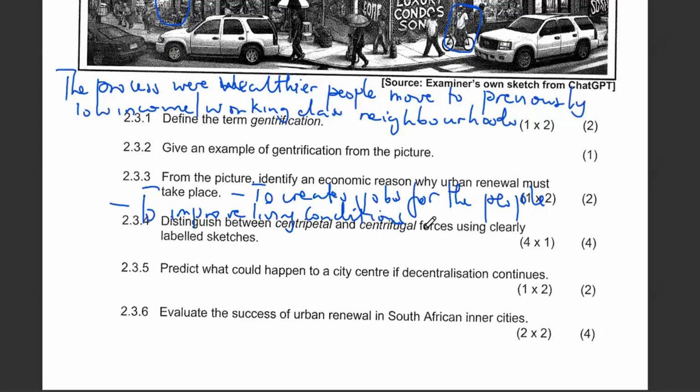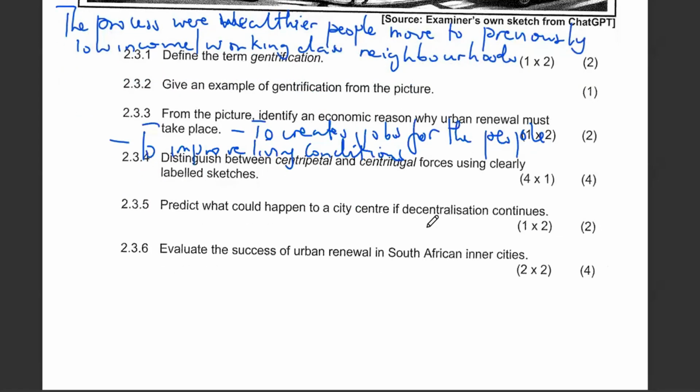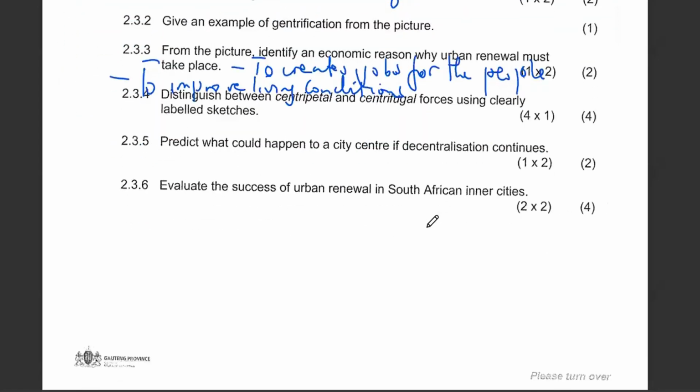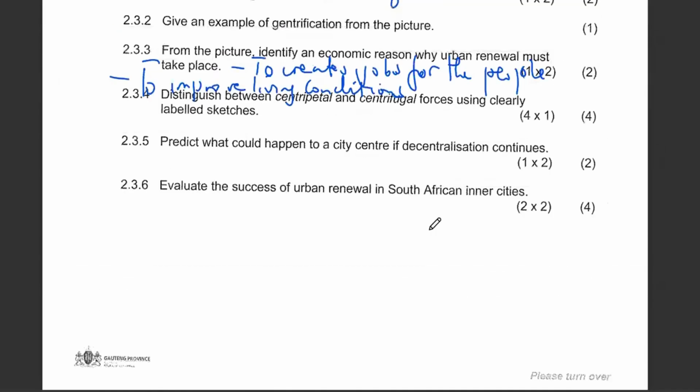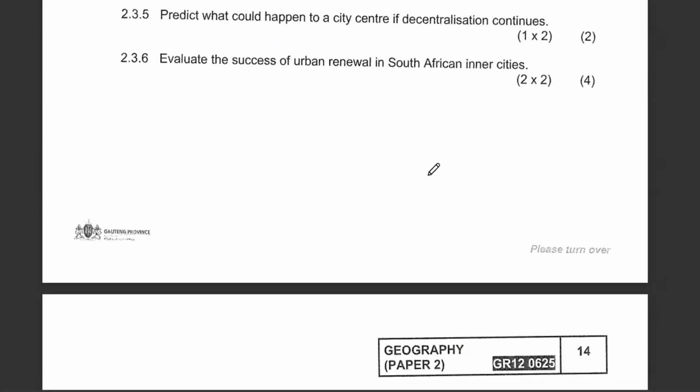Then distinguish between centripetal and centrifugal forces using clearly labeled sketches. We want to use a sketch of our own to indicate the centripetal and the centrifugal factors. We relate them to commercial decentralization from the CBD.